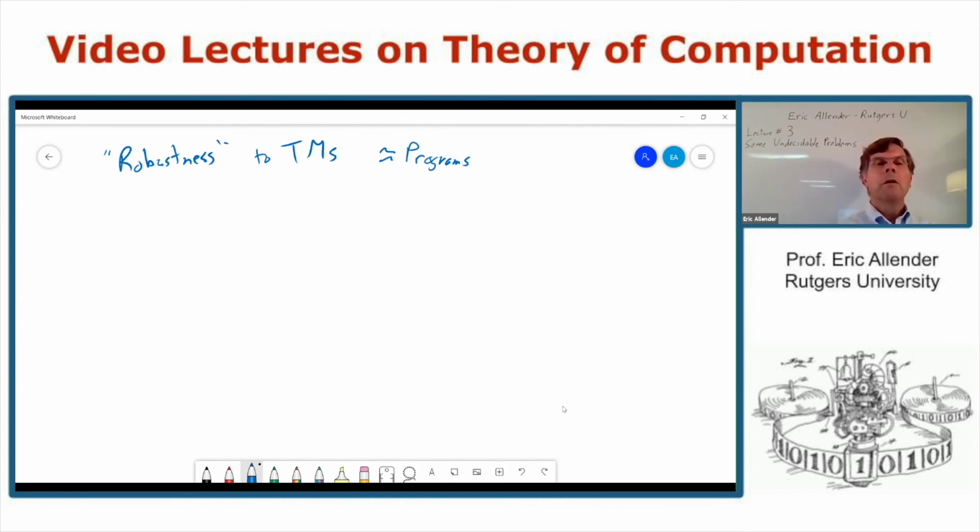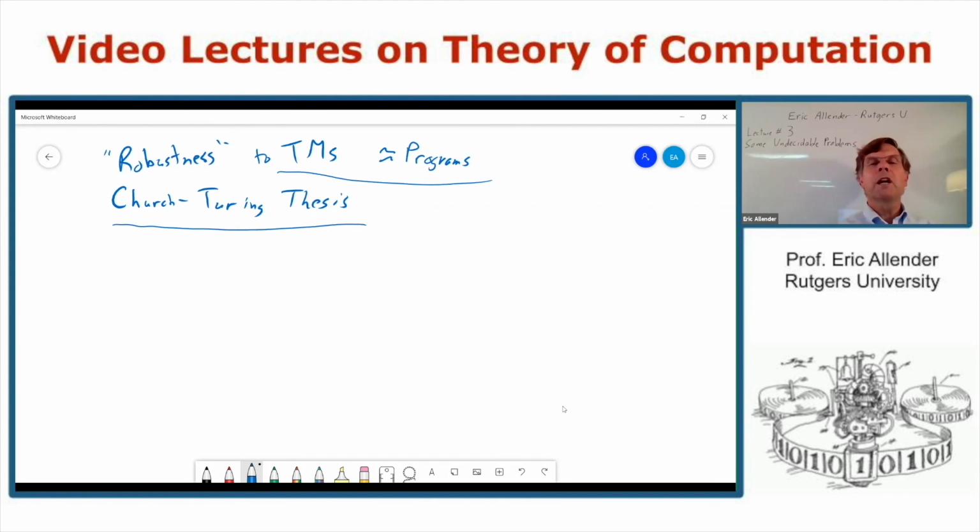We learned about the Church-Turing thesis, and that the real meat of the Church-Turing thesis is just this statement, that no matter what notion of programs you come up with, it's going to be something you can implement on a Turing machine.